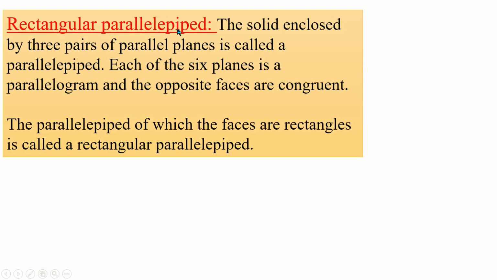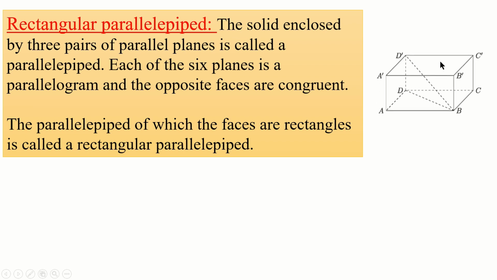Rectangular parallelepiped. The figure will be this. The solid enclosed by 3 pairs of parallel planes. 3 pairs mean this and this one pair, this and this another pair, and top and bottom another pair.